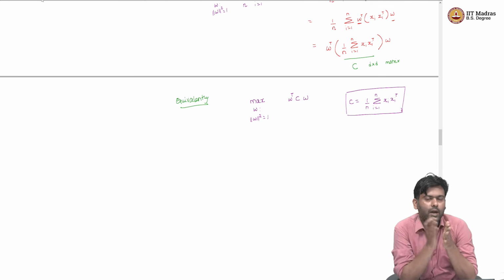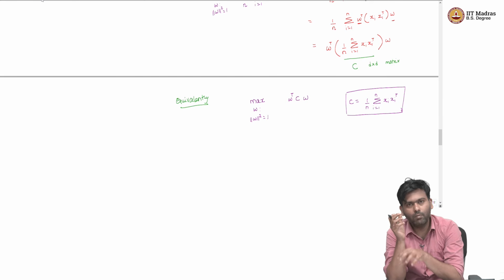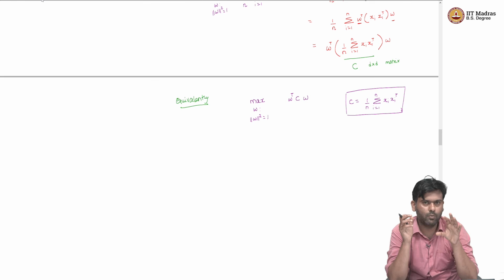What we are saying is that finding that line that passes through the origin which best represents the data in terms of minimum reconstruction error is the same as finding that W that maximizes this quantity with respect to a matrix that you can generate from your data.